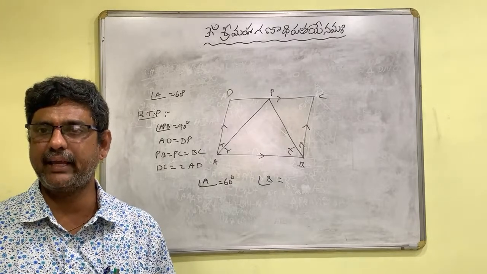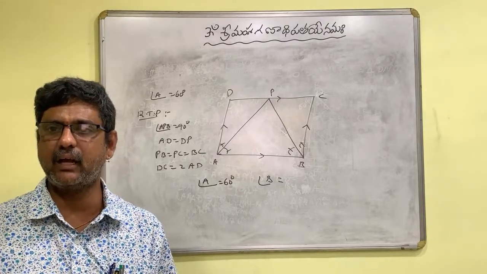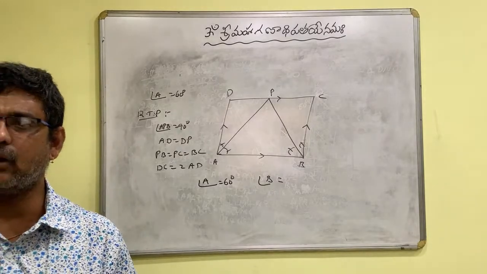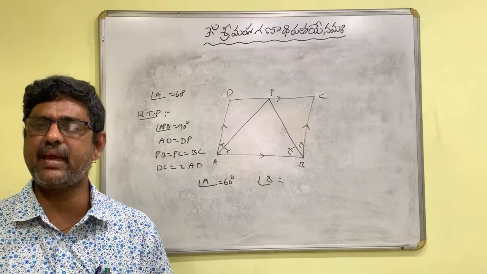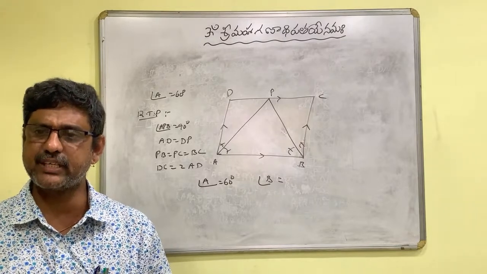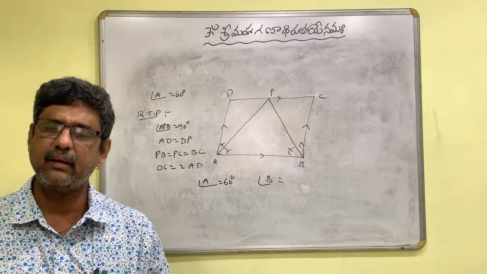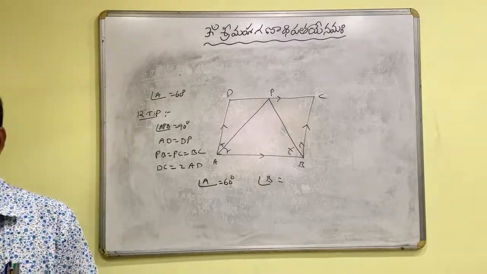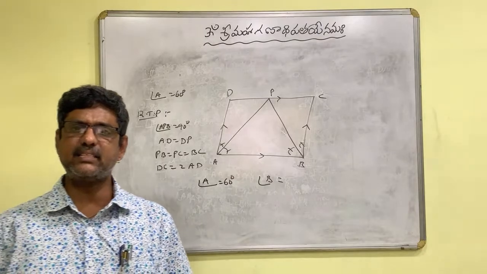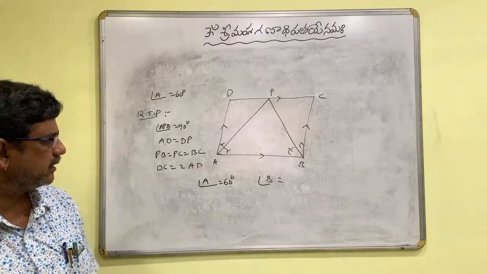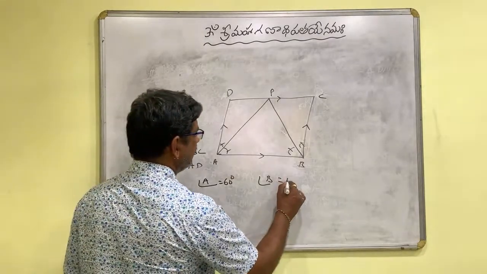Shravan told 120. Mahesh told 120. Remaining all wrong. How will it be 60 there? If angle A is 60, angle B is 120. Sum of any two adjacent angles is 180, okay? If angle A is 60, angle B is 120.